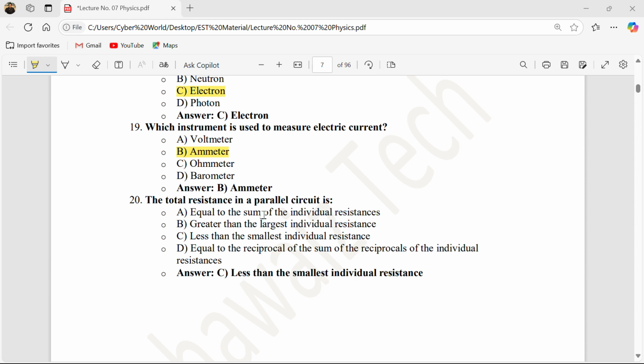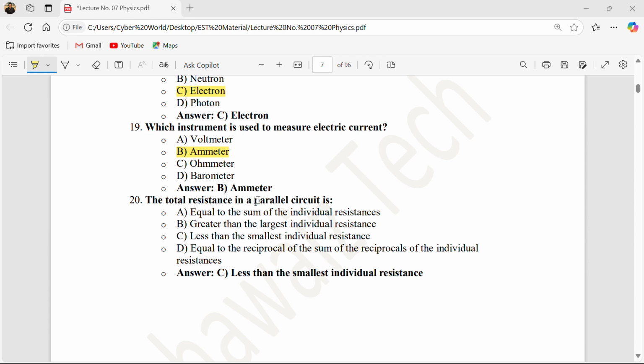The total resistance in a parallel circuit is always less than the smallest individual resistance, because once you connect your resistances in parallel, the total resistance is always less than the individual resistance.